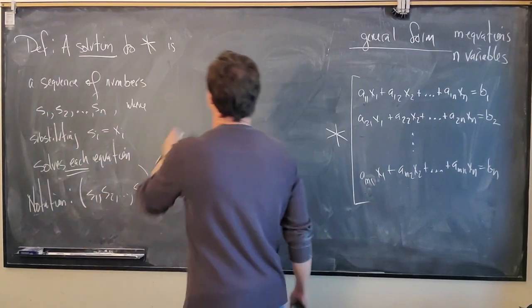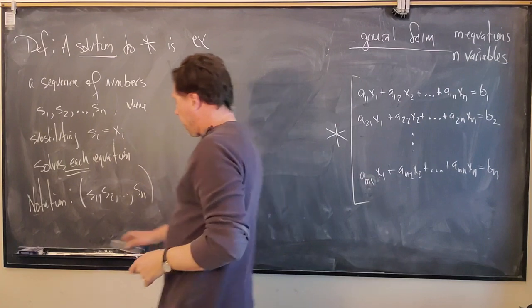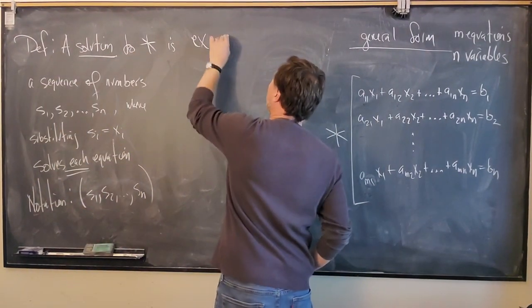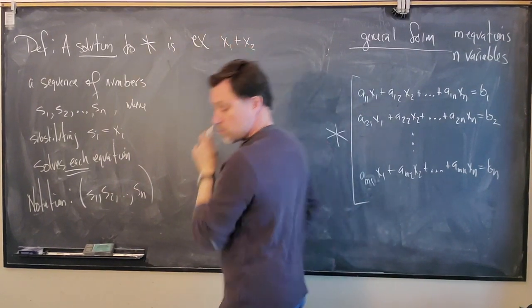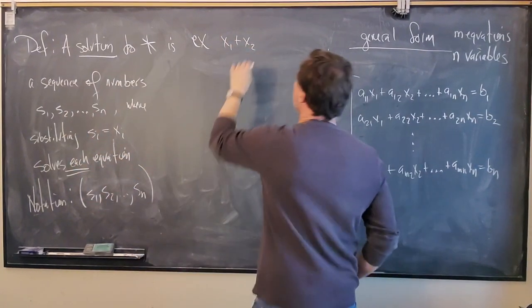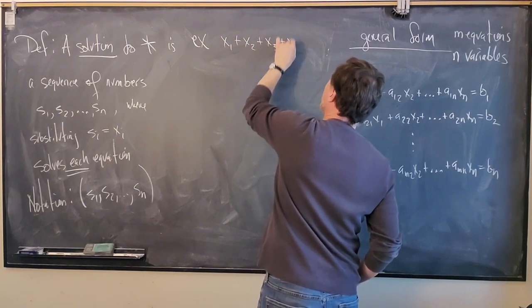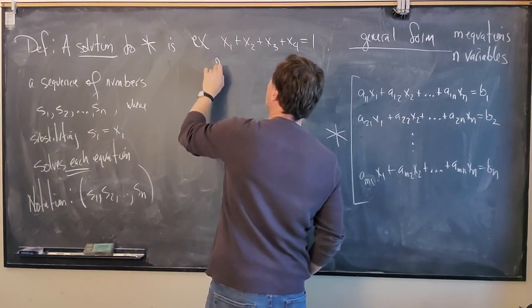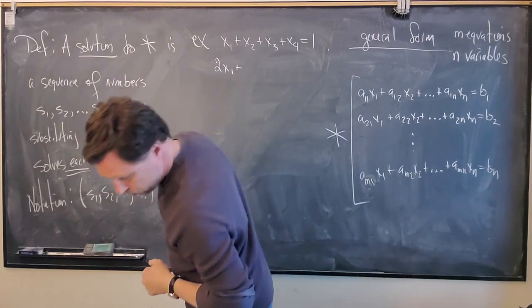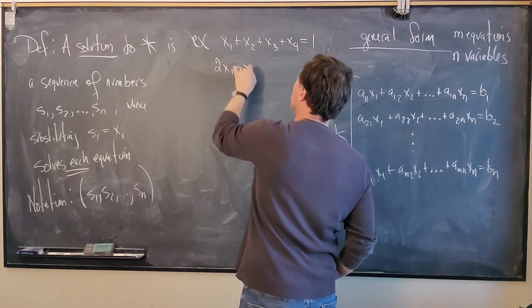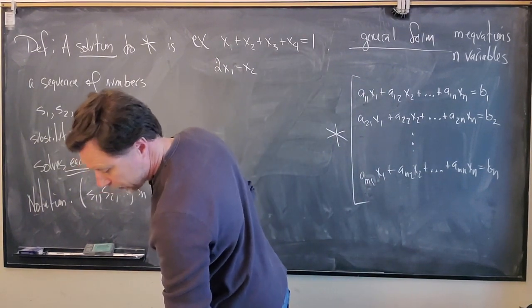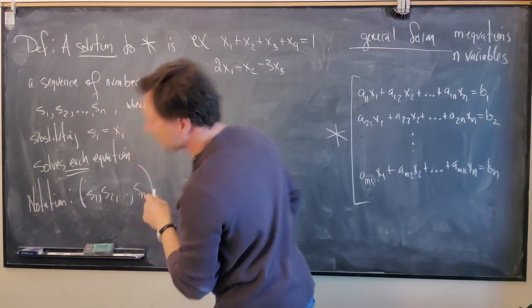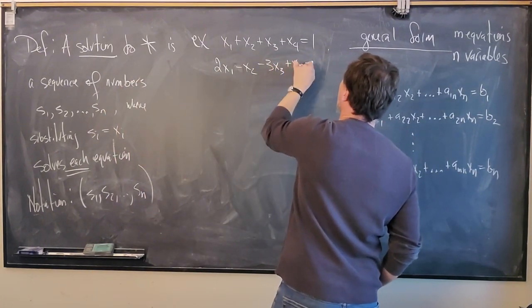So, for example, here's my linear system, x1 plus x2 plus x3 plus x4 equals 1, and 2x1 minus x2 minus 3x3 plus x4 equals 0.